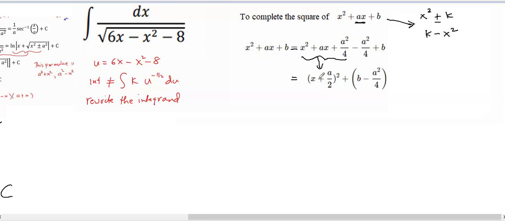So this can be written as x plus, kunin nyo yung square root nito, a over 2 quantity square. And then this would be the other group. So this one is b minus a squared over 4. Okay? So completing the square, pag merong x term, you want to write this into this form. So this is how to do it. So, let's see.